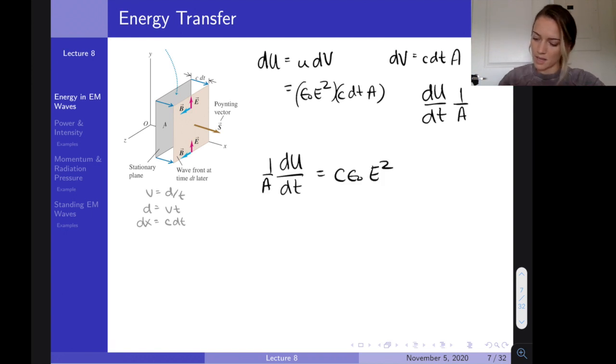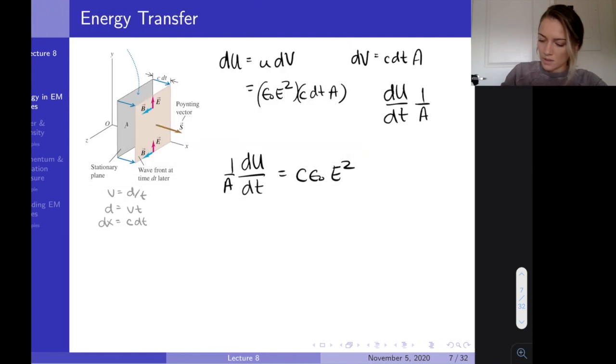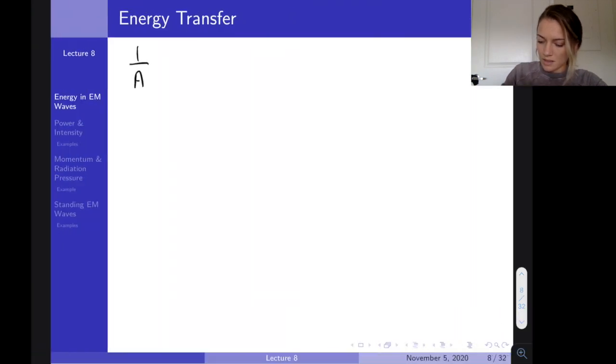So it's how much energy is moving through a unit area per unit time. Okay, so now I'm going to take this equation here, and we're going to rewrite it a little bit. So we have the 1 over A dU/dt is equal to, we said, c times epsilon naught E squared.